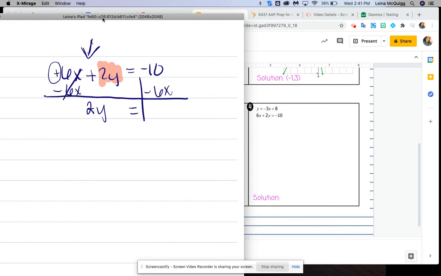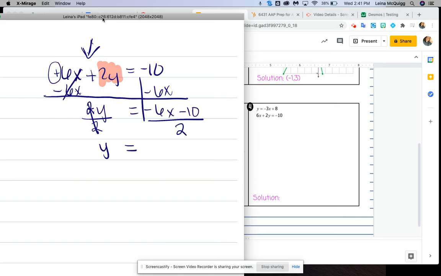-10 and -6x are not like terms. So I'm just going to be left with -6x minus 10. And divide both sides by 2. When two things are right next to each other, this 2 and this y are right next to each other, it's multiplication. To undo that, I have to divide. Then 2 divided by 2 is 1. And I'm just left with y.